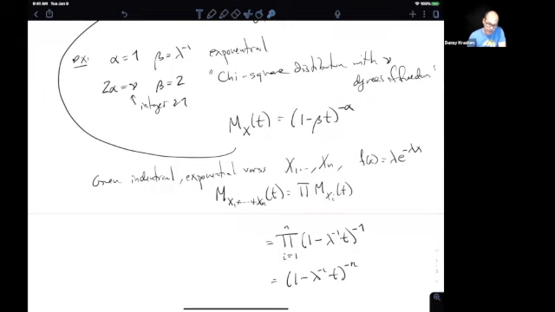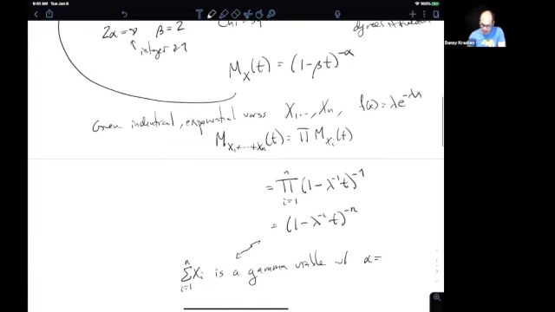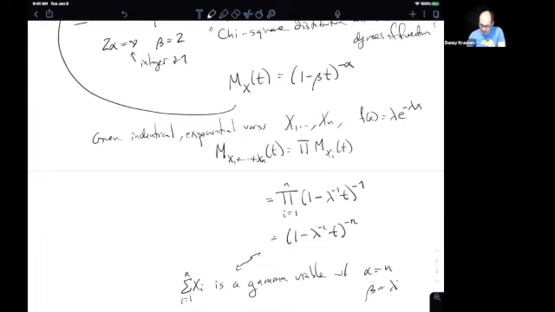That tells us that the sum of these xi's, i from 1 to n, is now a gamma variable with alpha being n instead of 1, and beta being lambda inverse. And so you can see that these gammas naturally arise when you take sums of exponential variables.